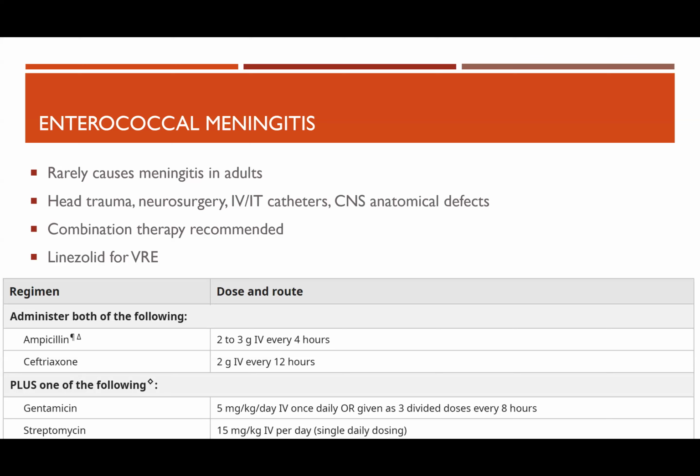The treatment of enterococcal meningitis is not very clear, but combination therapy is usually suggested. For infection with Enterococcus faecalis, a triple drug regimen such as ampicillin with ceftriaxone and gentamicin is suggested, obviously assuming there's no high-level gentamicin resistance.